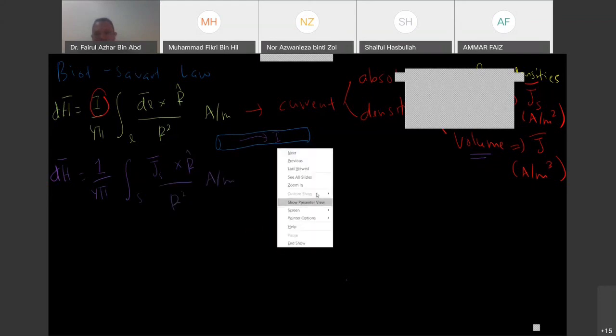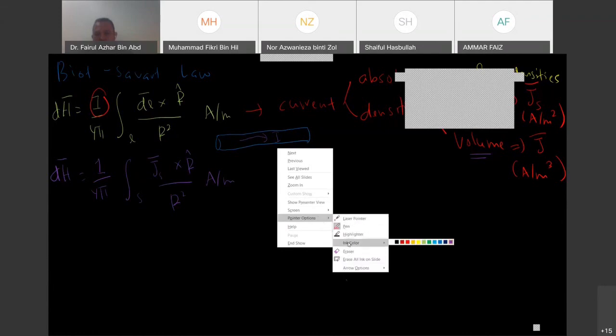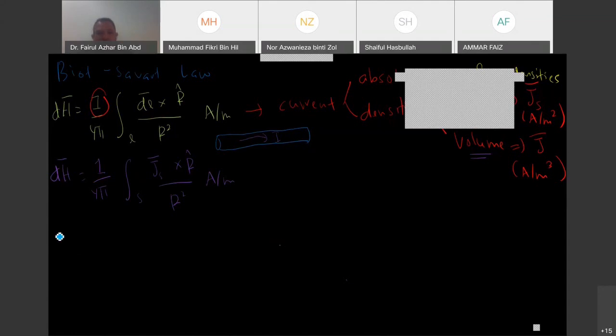And for H with the current represented by its volume density, dH is equal to 1 divided by 4 pi, volume integration of the vector J cross r cap, divided by r squared, ampere per meter.